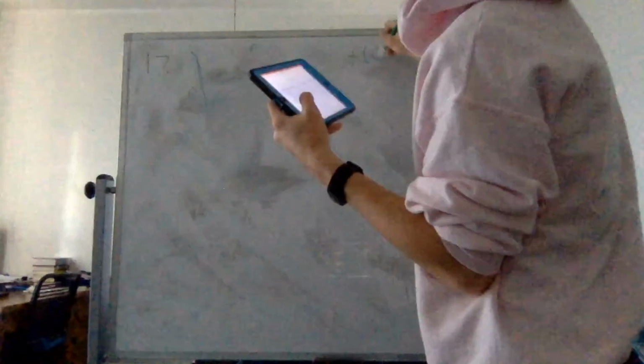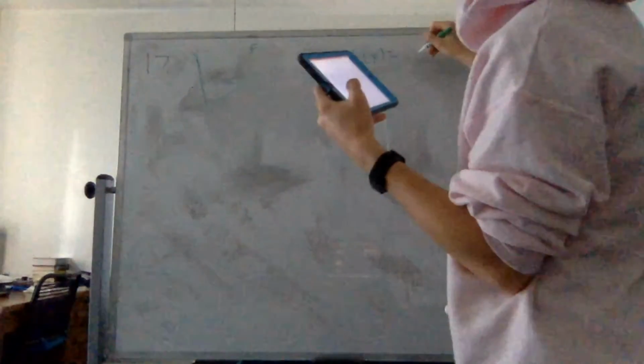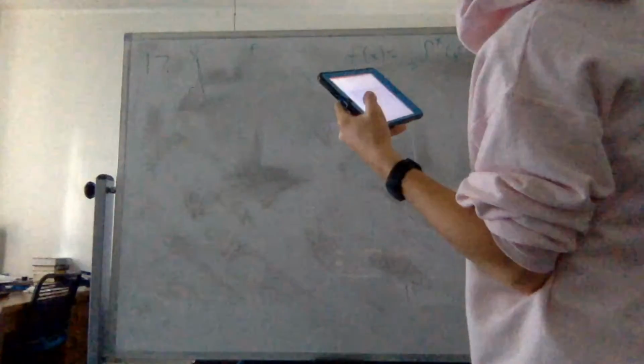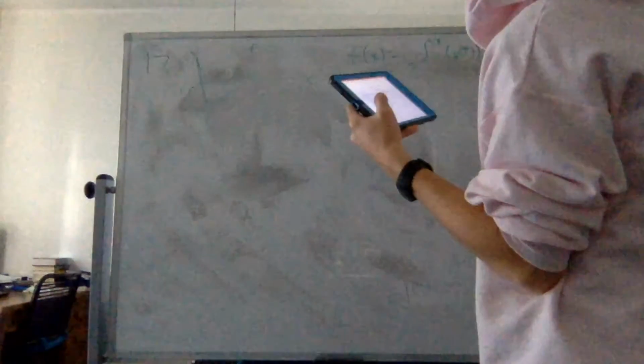Okay, this is the graph of f. The figure above shows the graph of f. If f of x equals the integral from 2 to x of g of t dt, which of the following can be the graph of y equals g of x? Alright, so now we want to graph this.